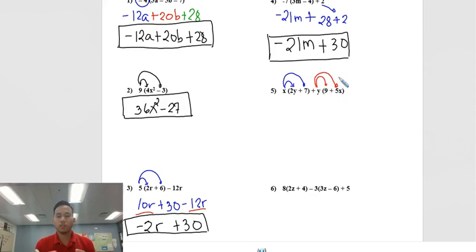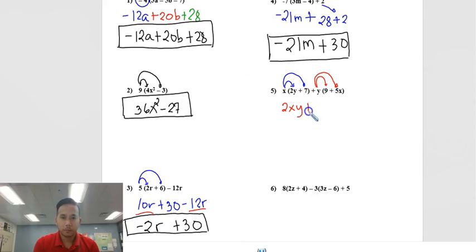And then after distribution, I'm going to assess if there are like terms in there, right? So x times 2y is 2xy. Okay.